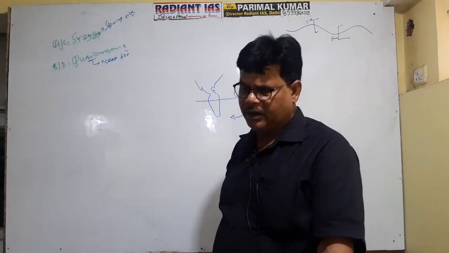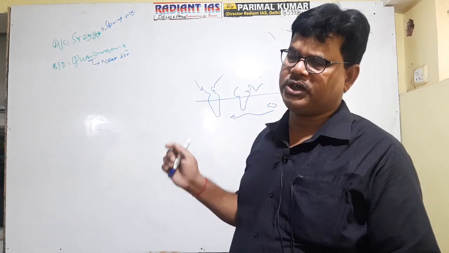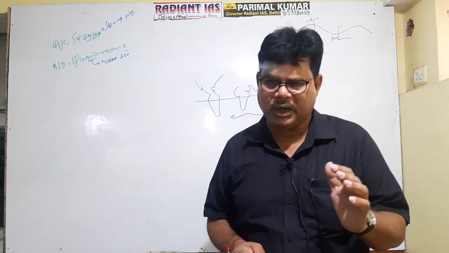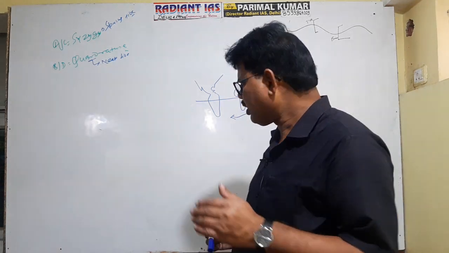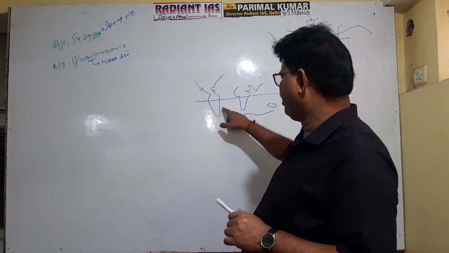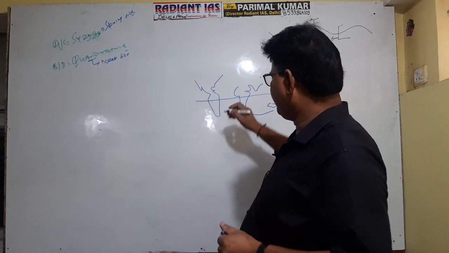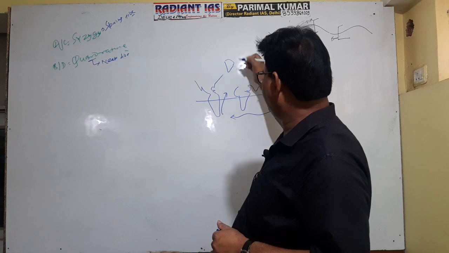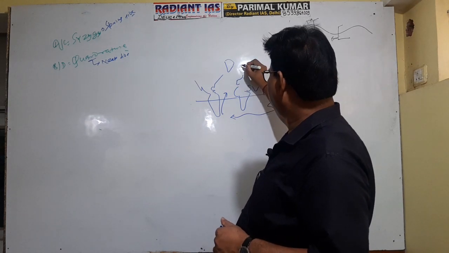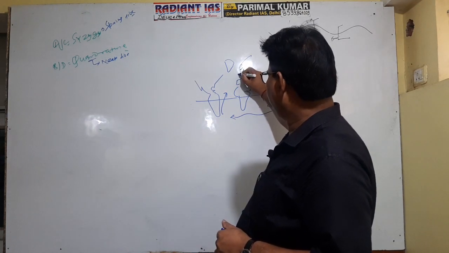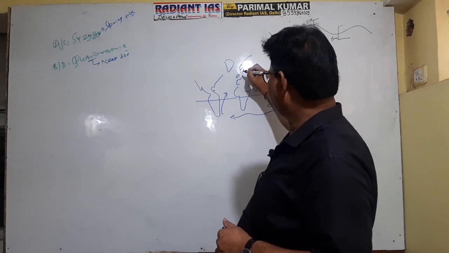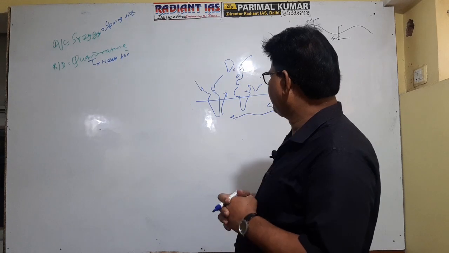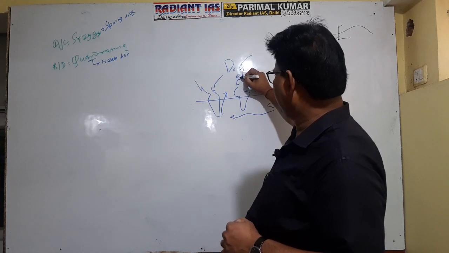It is an example of forced wave, because it is due to the axial pull exerted by the moon and the sun. When this primary wave collides with the coastal part, it takes a northward direction. This is the position of Britain, this is Iceland, and this is the English Channel.